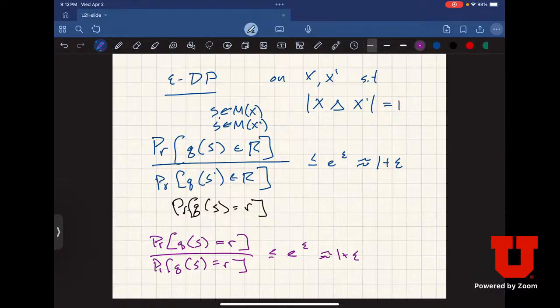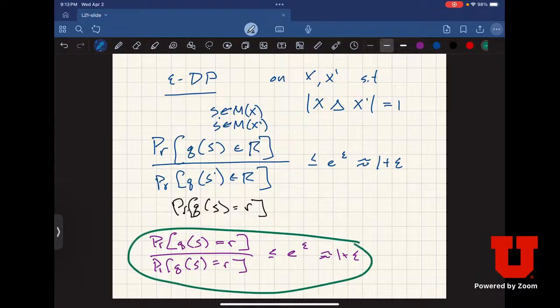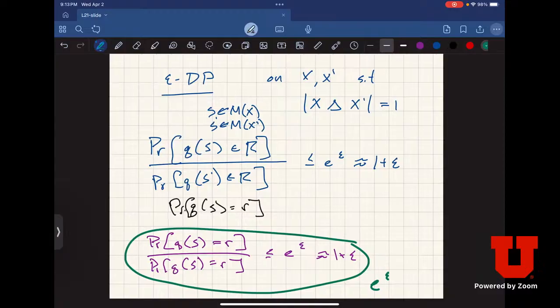All right, so what does this mean? How do we think of e to the epsilon? This is approximately 1 plus epsilon, right?